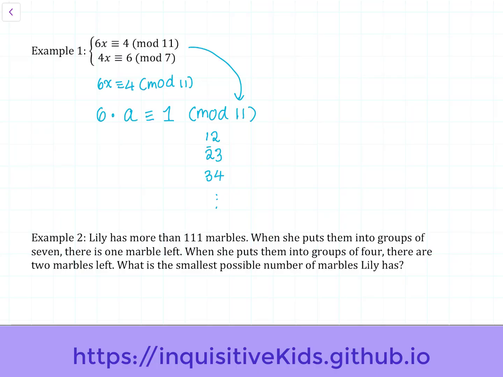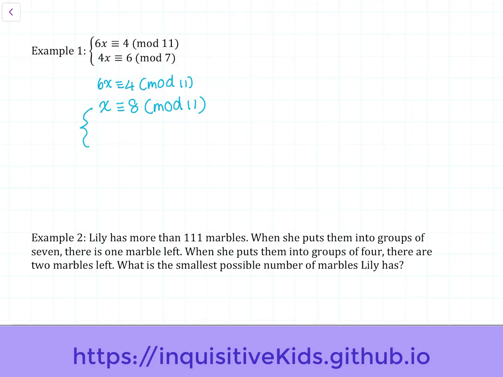But as you can see, we already have a multiple of 6, meaning that 6 times 2 is congruent to 1 mod 11. This is true, which means that 2 is a. So 2 is the modular inverse of 6 in this case. That means we can multiply 2 onto both sides, and that gives us x is congruent to 8 mod 11. That's the first part of our rewritten equation.